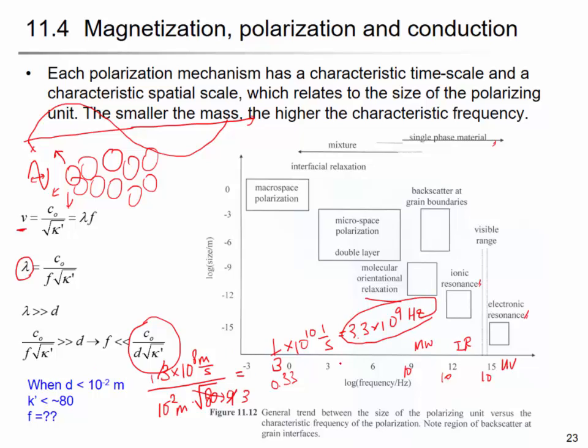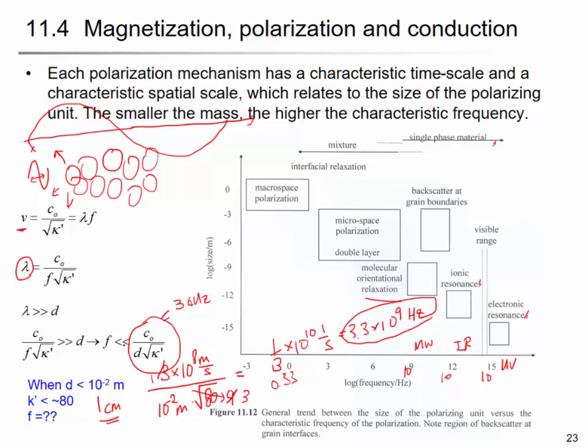So when the particle size is about 1 centimeter, this value is around 3 gigahertz. So frequency should be much lower than that.